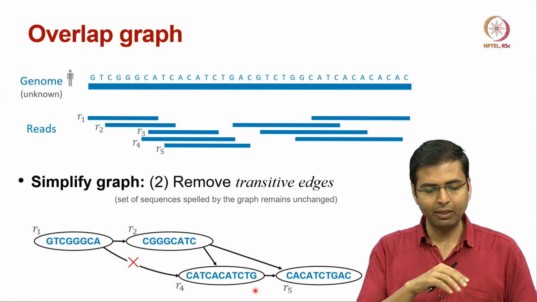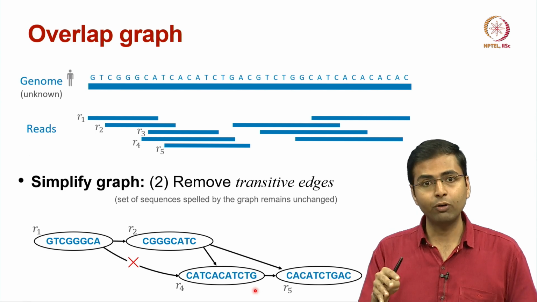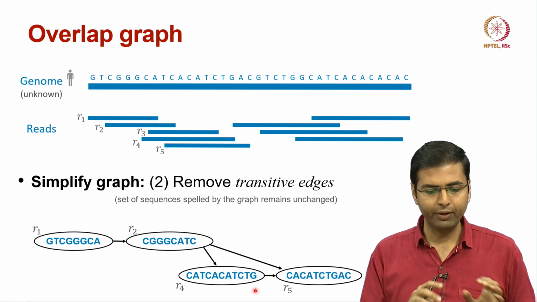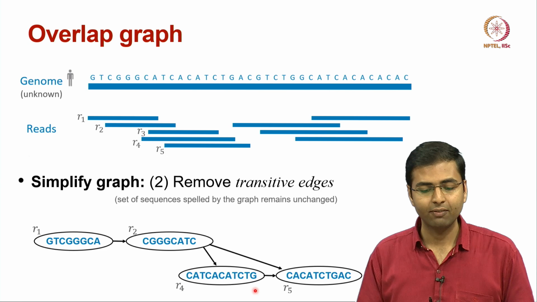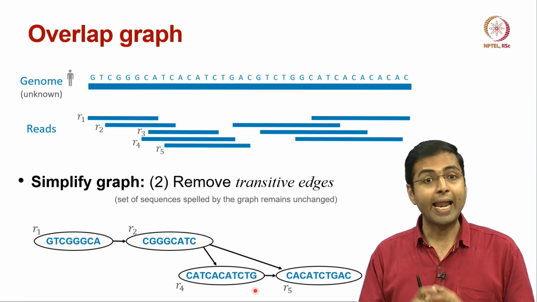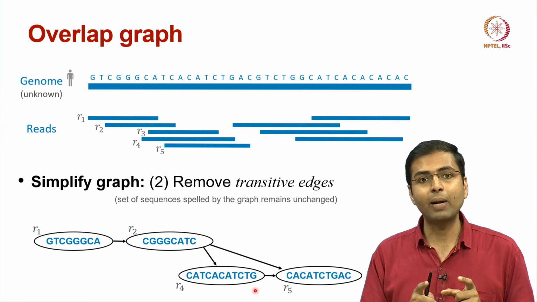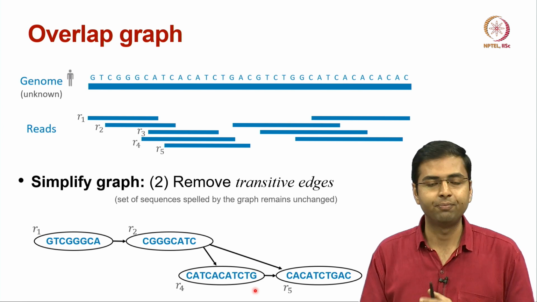The relationship between R1 to R2 and R2 to R4 is sufficient, and we can simplify the graph by removing this edge. By doing so we guarantee that the set of sequences spelled by the graph remains unchanged.